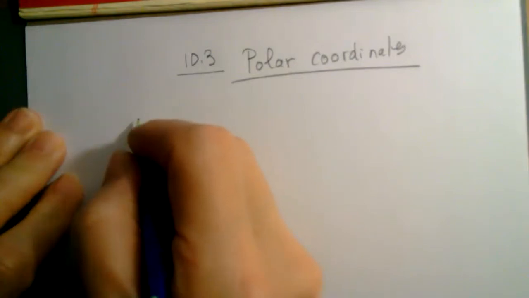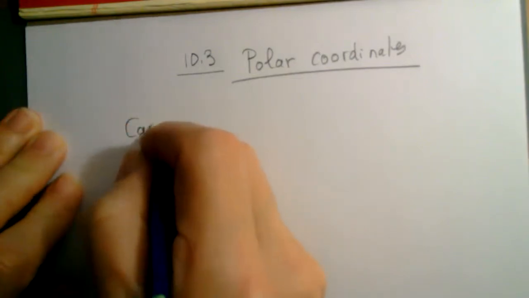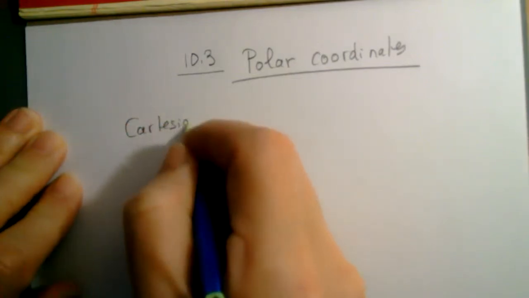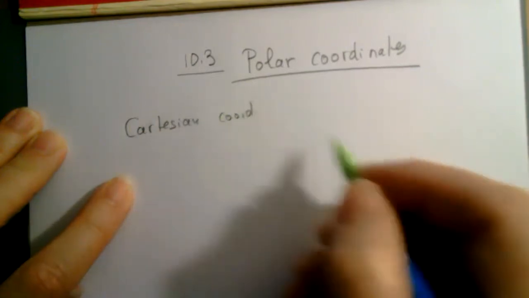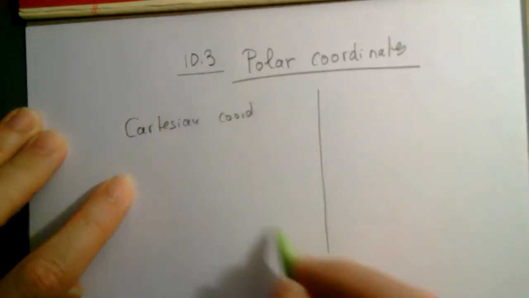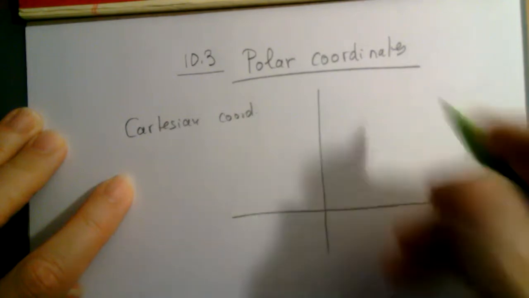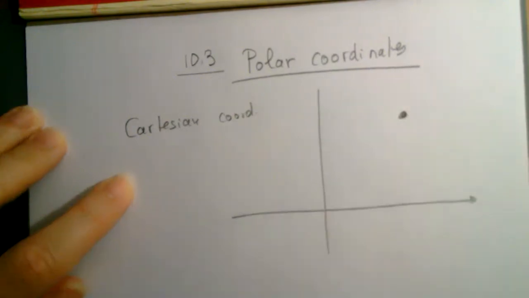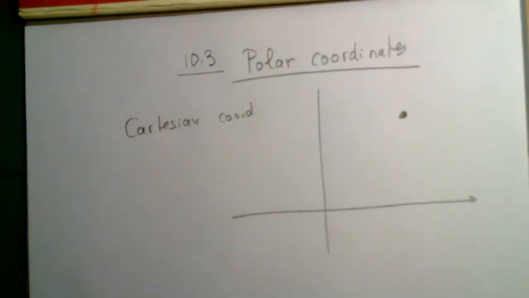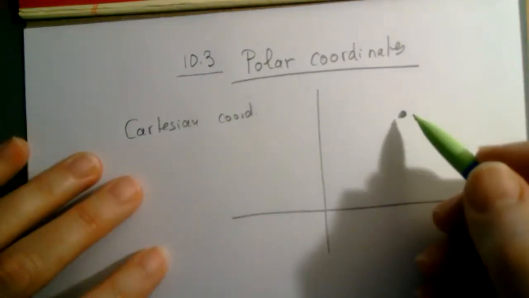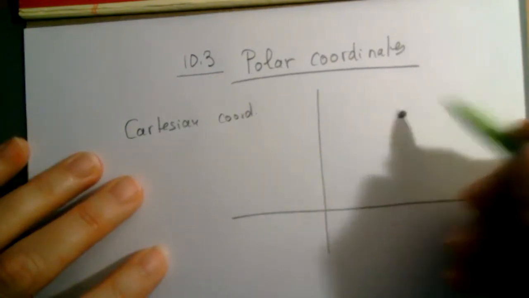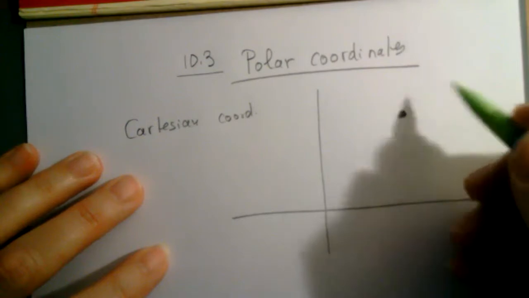We are used to something called the Cartesian coordinate. What's the idea of the Cartesian coordinate? You have a point in the plane, and what you want to do is to locate this point. So suppose you have this point and you want to tell me where it is.